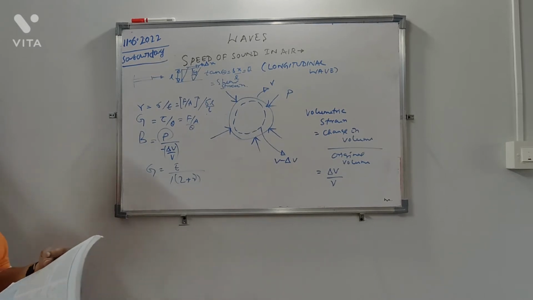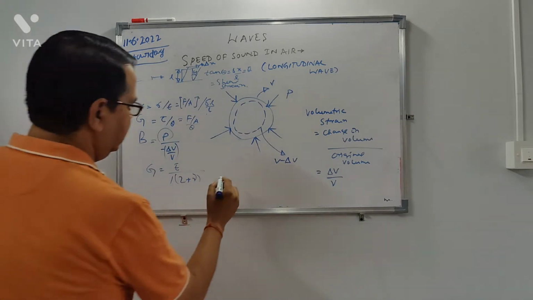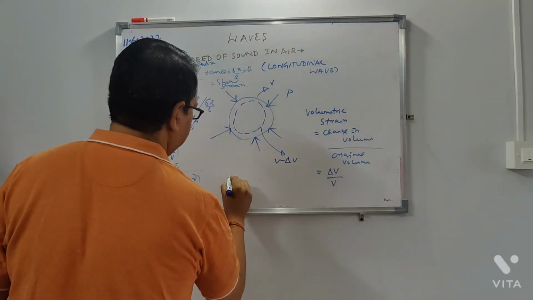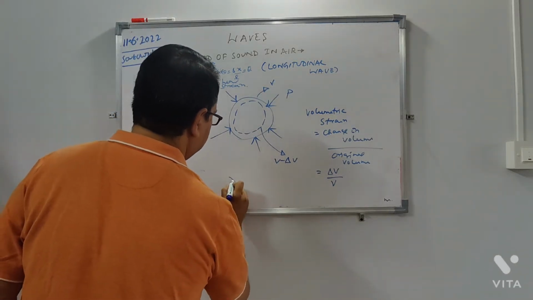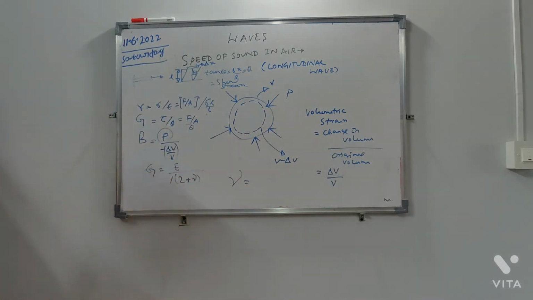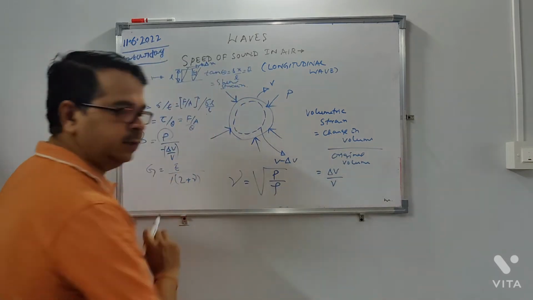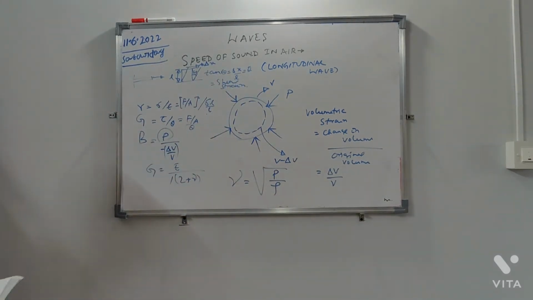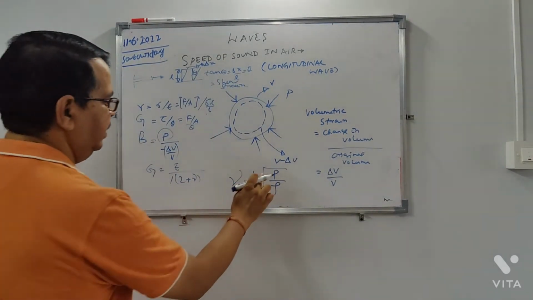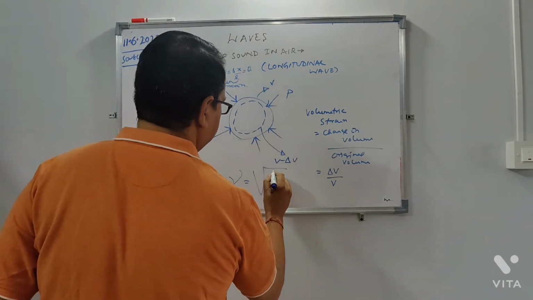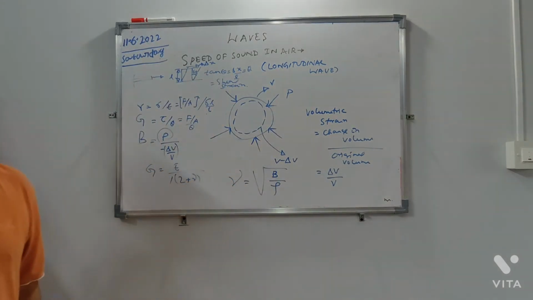And then the velocity of sound in water or air is equal to, I'll write it like this, velocity is equal to square root of P by rho. That you have to remember. Sorry, not P by rho, it is bulk modulus by rho.